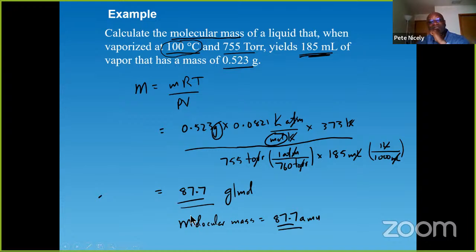Then we just put the numbers in the calculator, and the answer here is 87.7 grams per mole. That's the molar mass, so the molecular mass is 87.7 AMU, all right? Very similar to the previous example, but we had to do some unit conversions before we could plug the numbers into the equation and solve for what the question is asking.